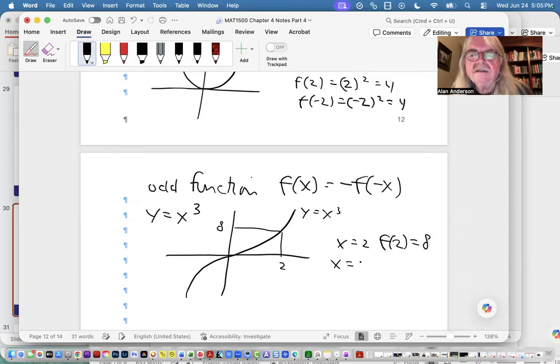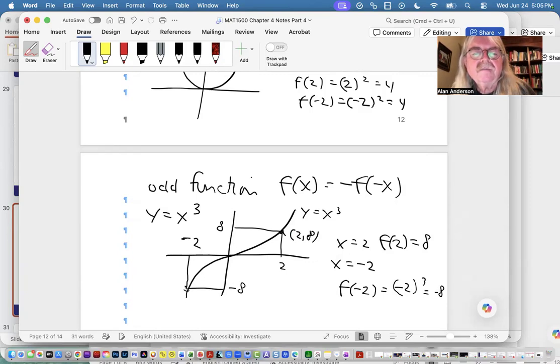Instead of equaling 8, it'll be the negative of that. So in other words, if the point 2, 8 is on this function, then we must also have negative 2, negative 8. Okay, so that's what it means to be odd.